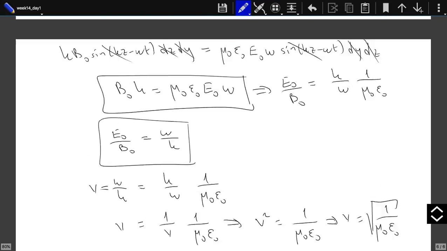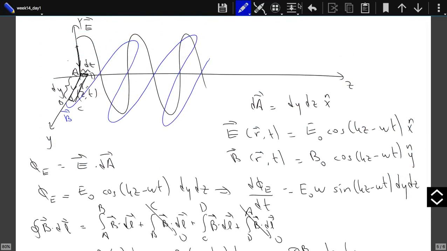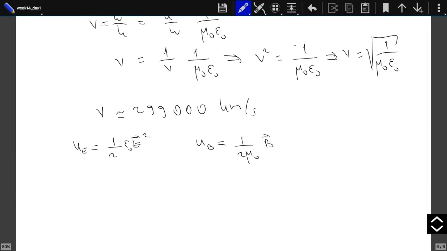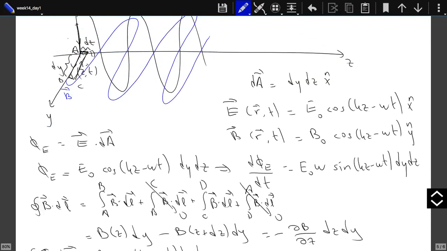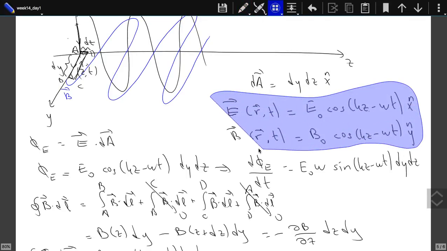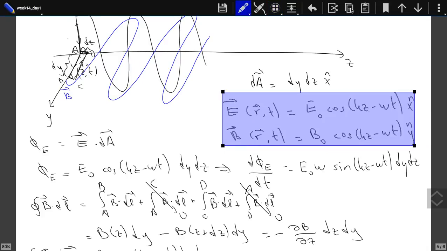Well, let's see. Here we have our electric and magnetic fields. What is the total energy density?